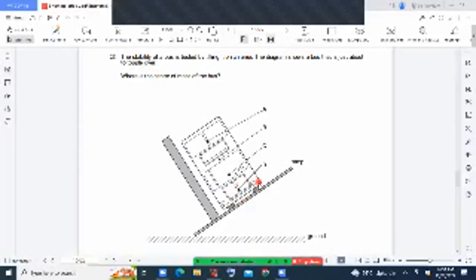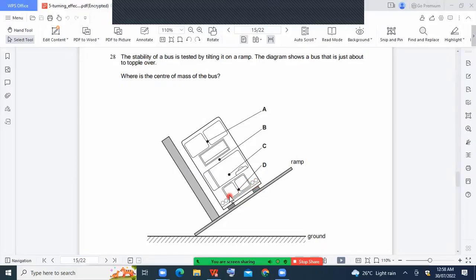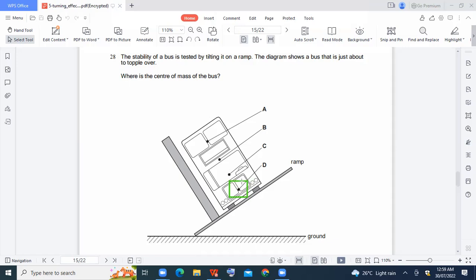The reason is so that the center of mass would be lower. The base area is same, but if the center of mass is lower, then the probability for a vehicle to topple is reduced. So we are expecting that, and this is the position of center of mass of a bus.